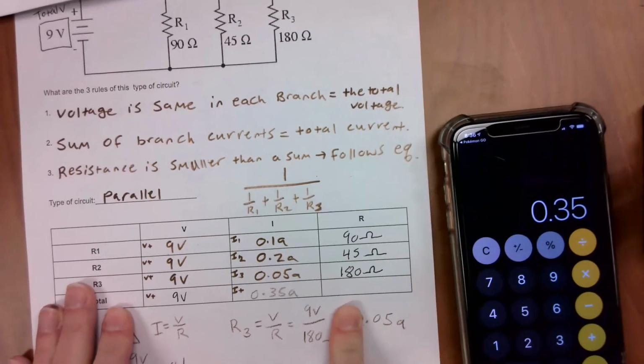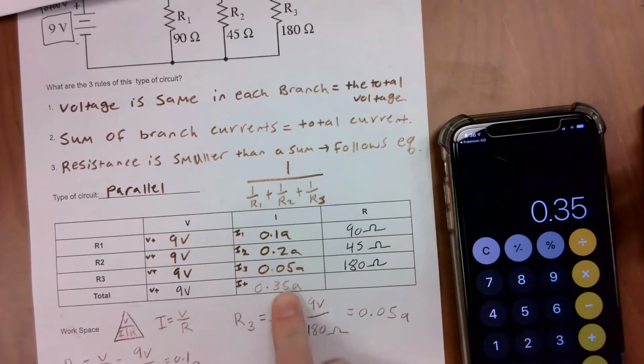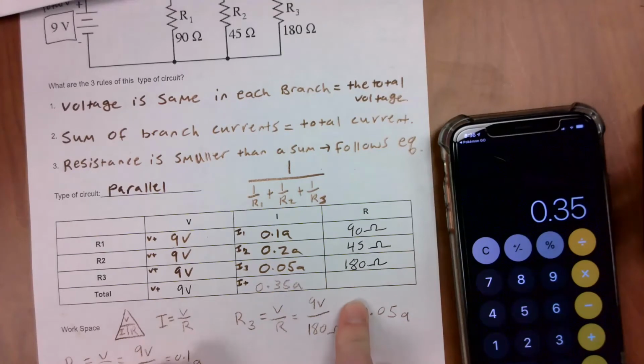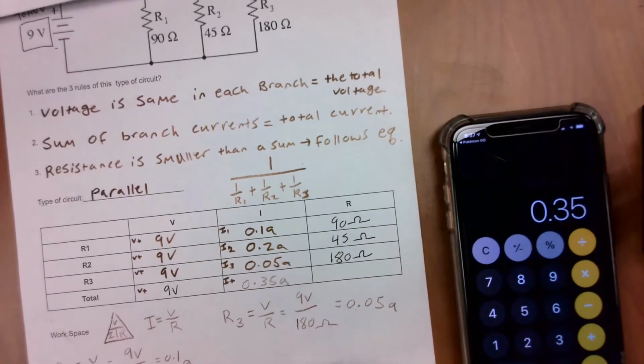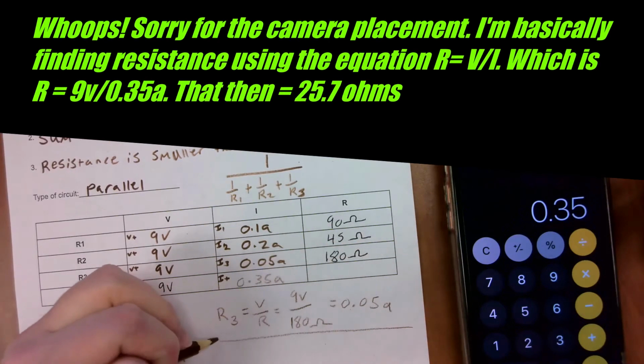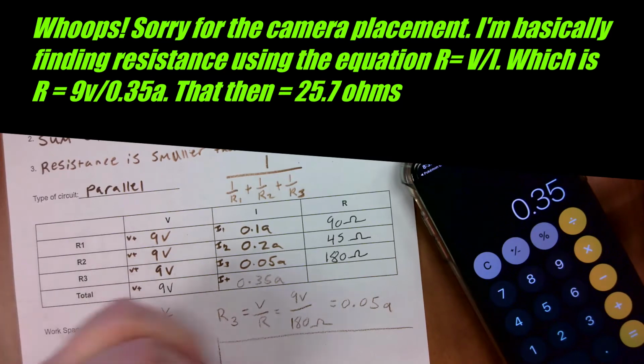From there, you can use Ohm's law to find your resistance because you have both your volts and your current. You have 2 of the 3 that are necessary. So when you find the resistance, you just have to find total resistance, so RT.